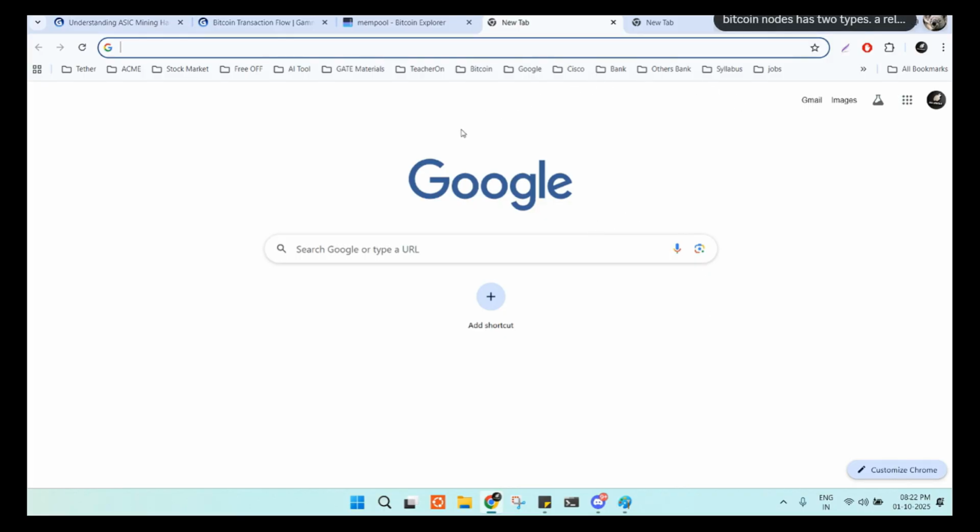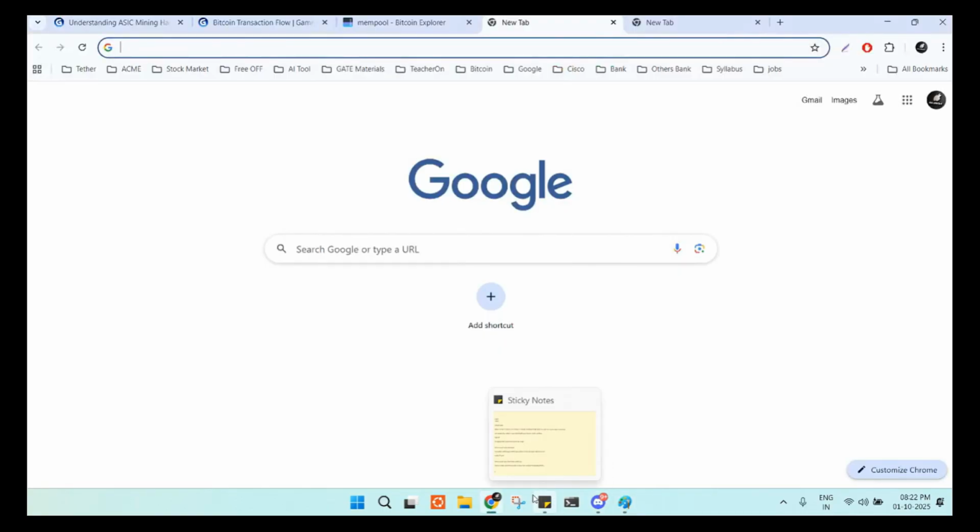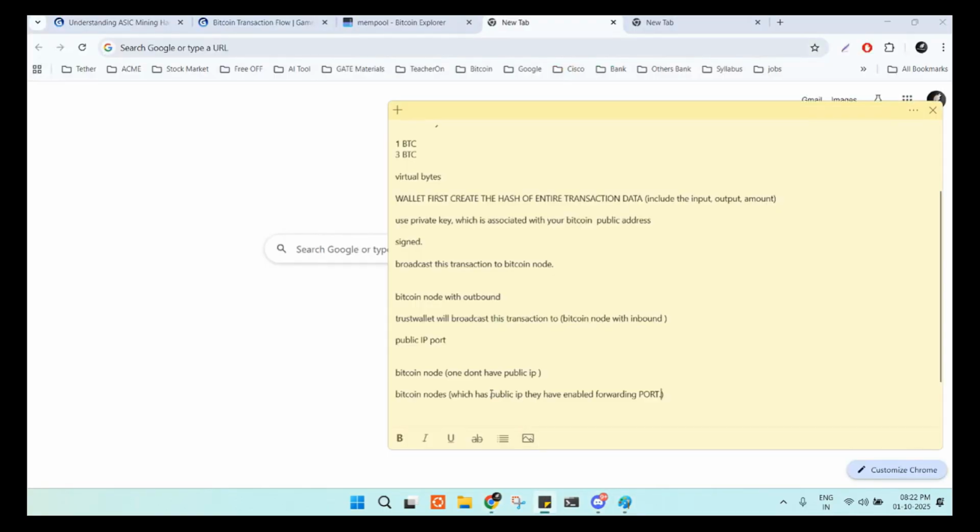If I need some data from the internet, the IP tells which laptop is the receiver, but the port tells which application will get this information. The same way here, Bitcoin nodes which have the public IP and have enabled the forwarding port will always accept requests that want to connect using this public IP and port.